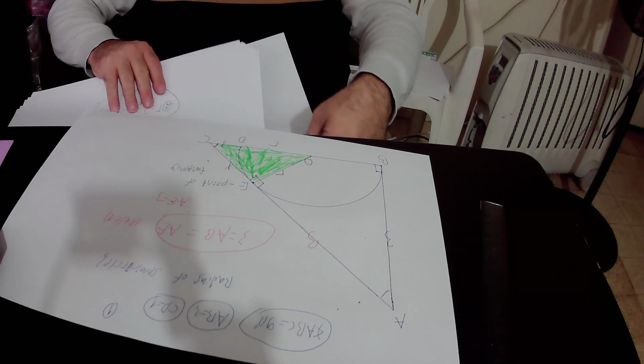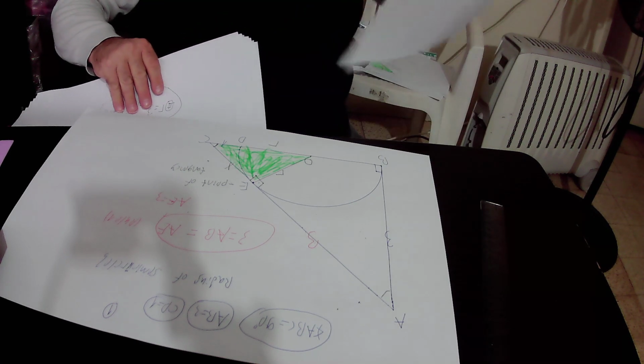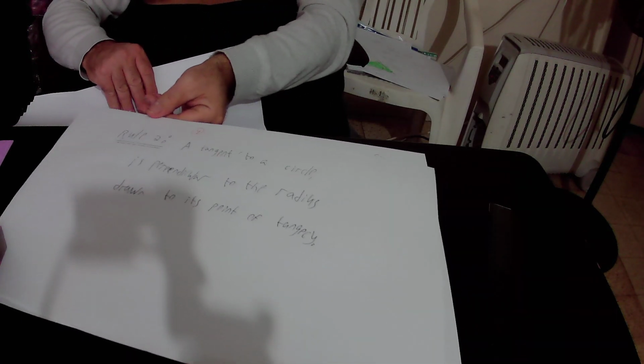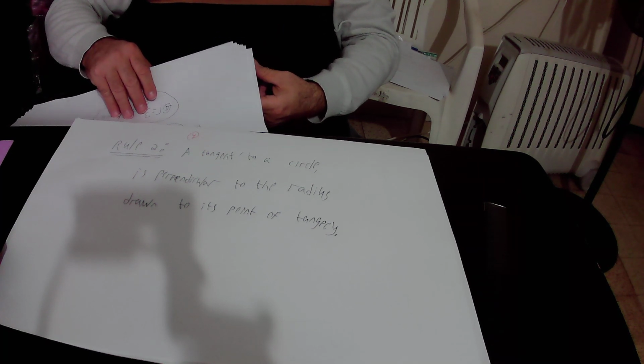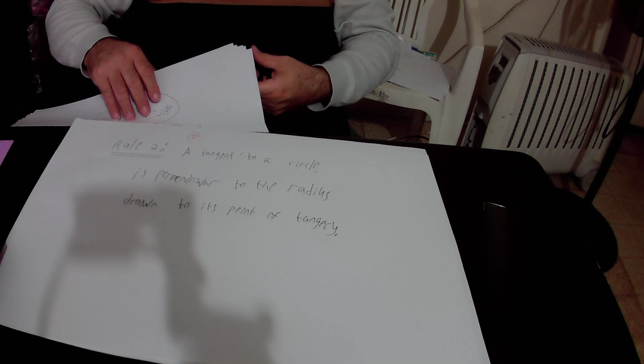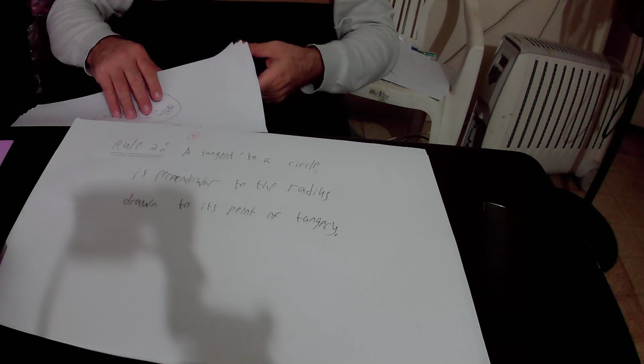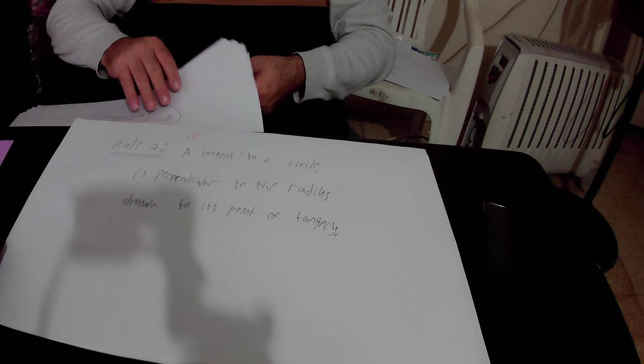Then I presented to you rule number 2. According to rule number 2, a tangent to a circle is perpendicular to the radius drawn to its point of tangency.